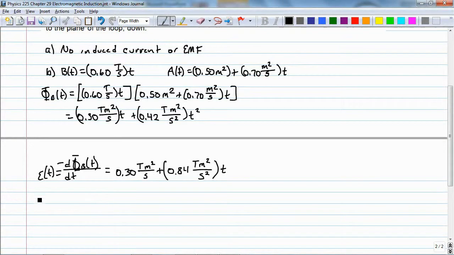And so now, when I put in E at 2 seconds, I need to put a negative in here. So negative 0.30 Tesla meter squared per second, minus, sorry, I carry my minus through.